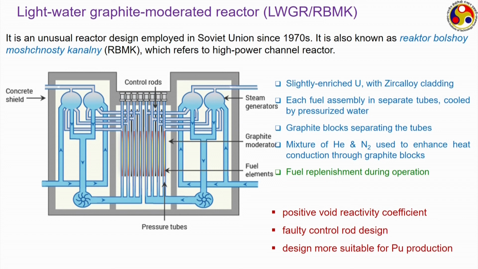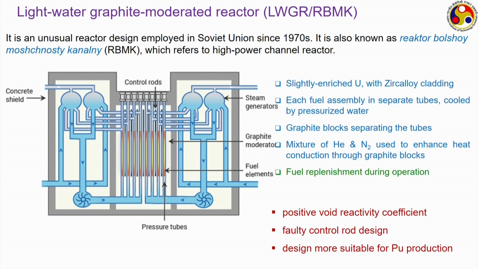But these are the problems with the RBMK design. One is the positive void reactivity coefficient. In the previous module, we discussed the void reactivity coefficient, and it has to be a negative quantity, but the RBMK design gives a positive void reactivity coefficient. The controller design was also faulty, and the design used in RBMK is actually the design that is used for plutonium production, but here the objective was to produce power.